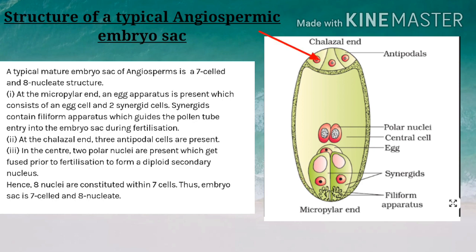At the chalazal end, 3 antipodal cells are present. In the center, 2 polar nuclei are present, which fuse prior to fertilization to form a diploid secondary nucleus. Hence, 8 nuclei are constituted within 7 cells. Thus, the embryo sac of an angiosperm is a 7-celled and 8-nucleate structure.